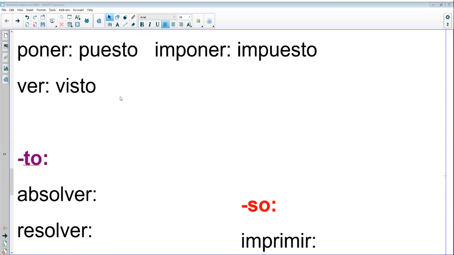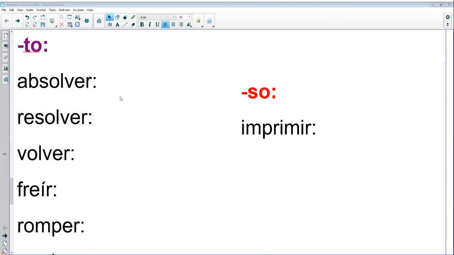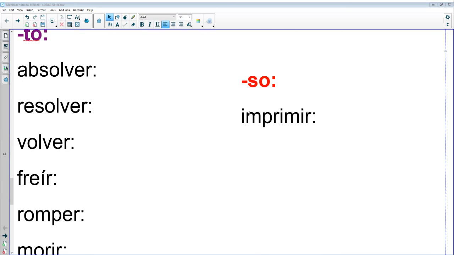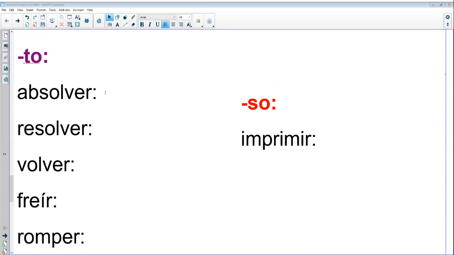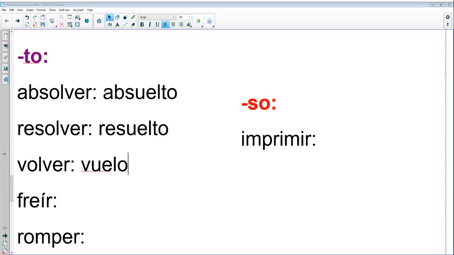All right, then moving on to our next type of irregular past participle are our tos and our sos. So starting with our tos, we have absolver. Its irregular past participle is absuelto. Resolver is resuelto. Volver is vuelto. Freír, frito.